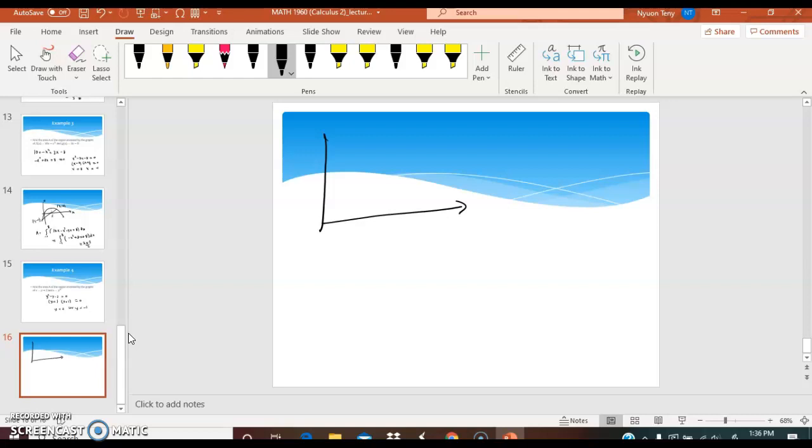The rightmost function would be our f of y. At this point the graph should look like this. Excuse my drawing a little bit.